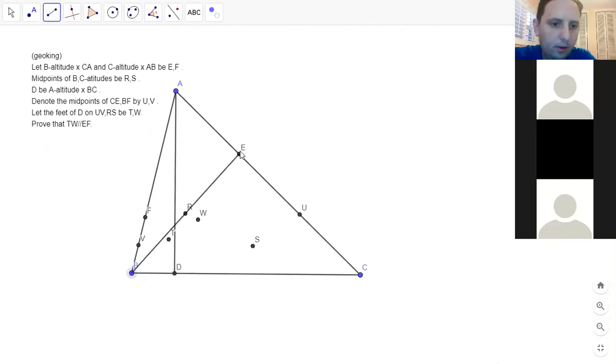The E, C, F, midpoints of CE. So the feet of the perpendicular from D onto UV and RS are T and W. And we want to show that TW is parallel to EF. Okay.